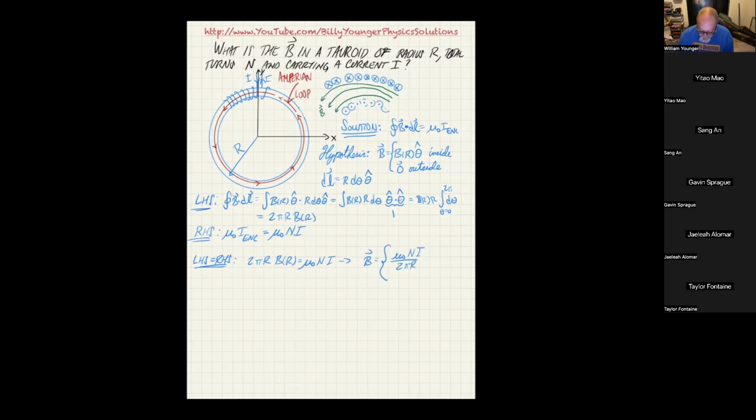Now remember, this r isn't the r that it was when we did a straight piece of wire. This is the big radius of the toroid, and B points in the theta hat direction inside and is approximately 0 outside.